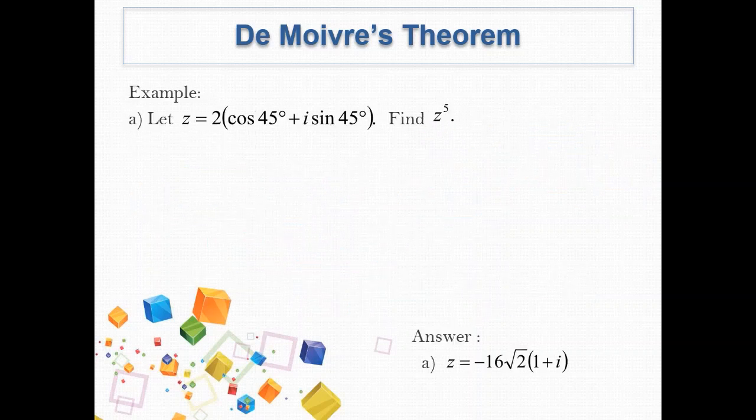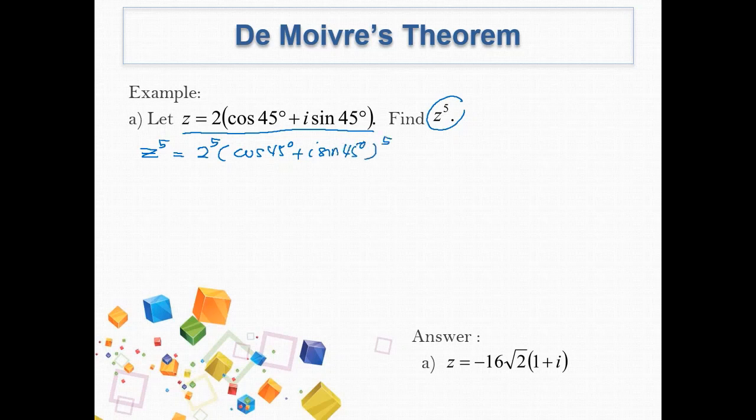Let us look at example 1. Let Z be this. Now you need to find Z to the power of 5. That means it's Z5. Once this is Z5, everything here will also be to the power of 5, and all the terms inside the bracket will also be power 5.